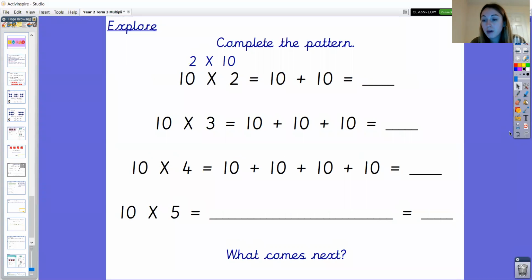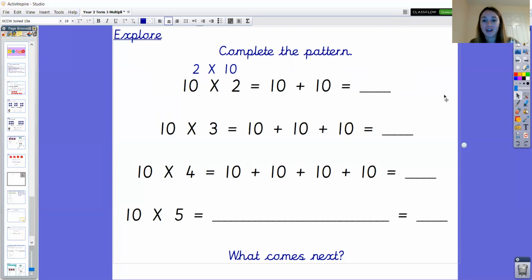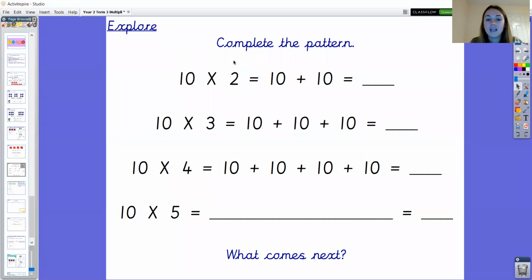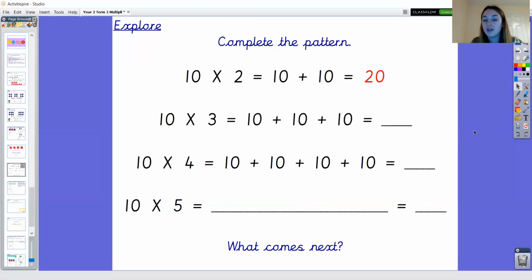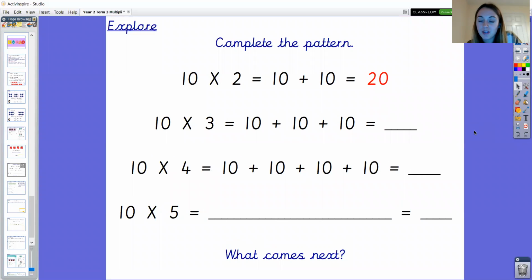The product of both those multiplication sentences is 20, which we know is equal to 10 add 10. I've given the answer now, Year 2. So I'm going to write here, 10 lots of 2 equals 10 add 10, which equals 20. So the total is 20.